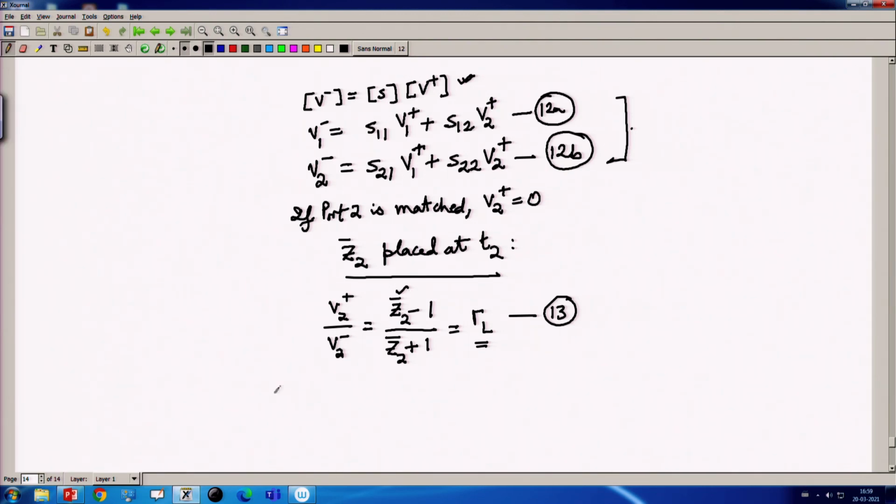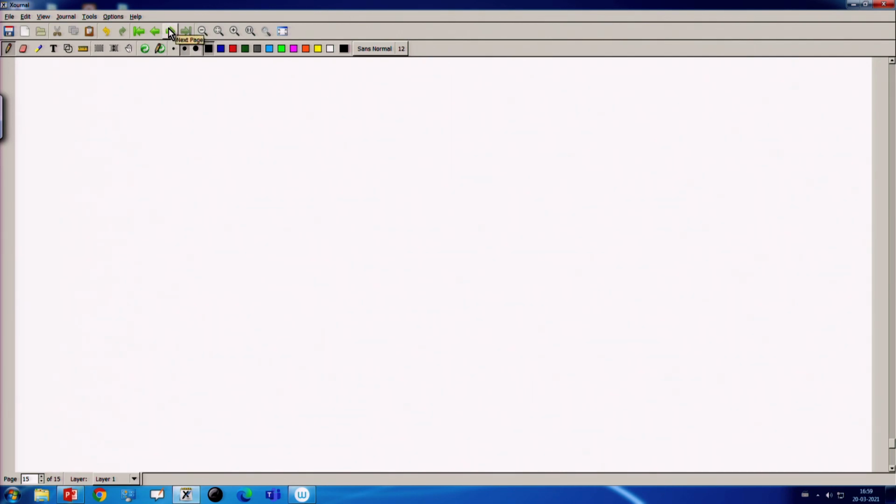So, if I substitute 13 into 12, we will get, and that will be equal to S12 gamma L V2 minus, let us call this one.